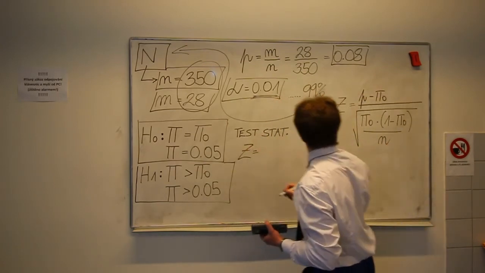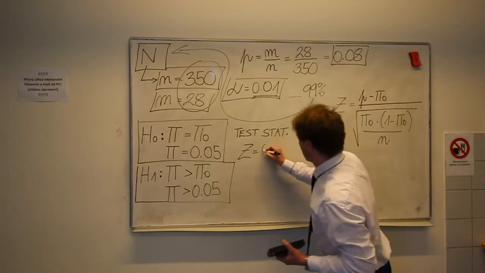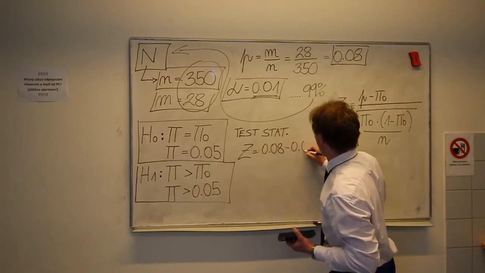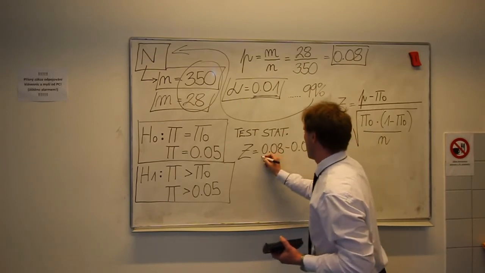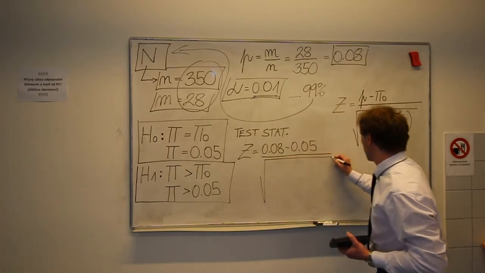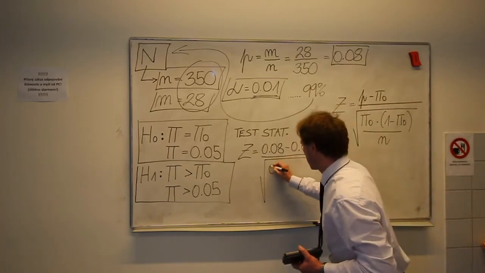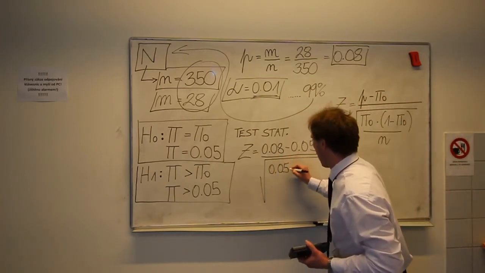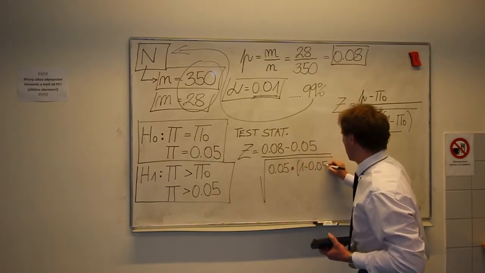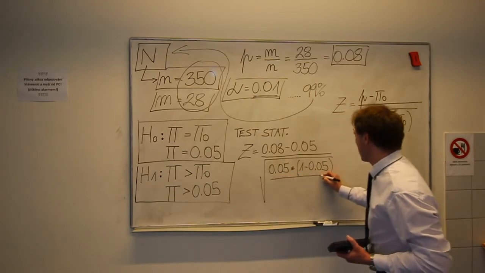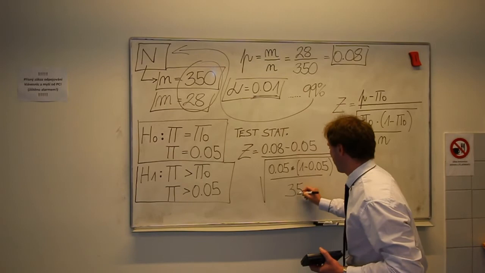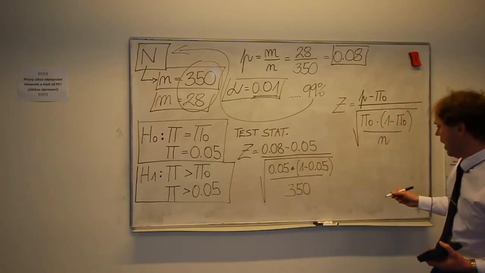Z is equal to 0.08 minus 0.05, divided by the square root of 0.05 times 1 minus 0.05, divided by the sample size, 350 respondents.